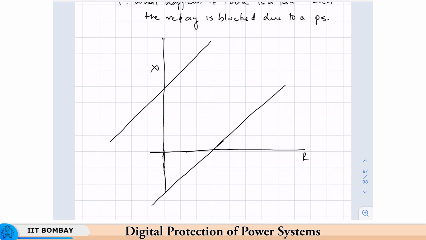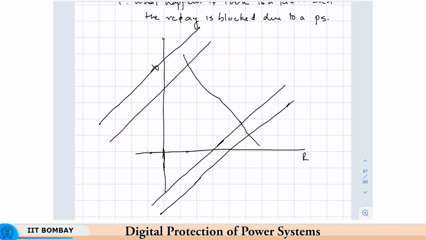What you do is, you could have sets of two. I will draw the two, but for this, in principle, only the inner blinders are necessary. So, if your impedance locus crosses this blinder, and it crosses this one as well on the other side, your relay is here.